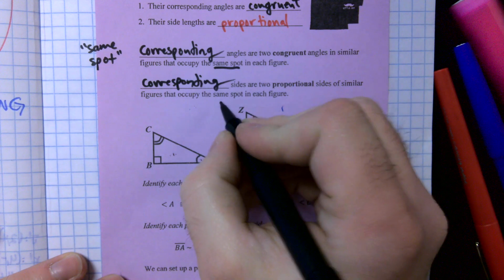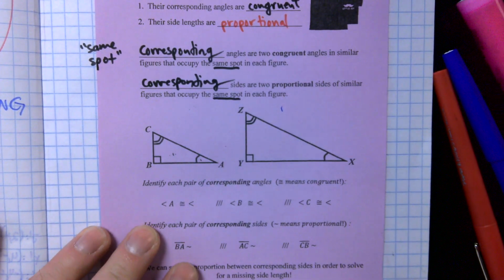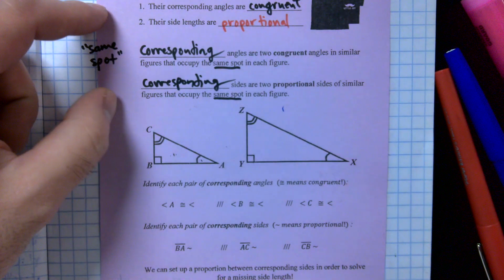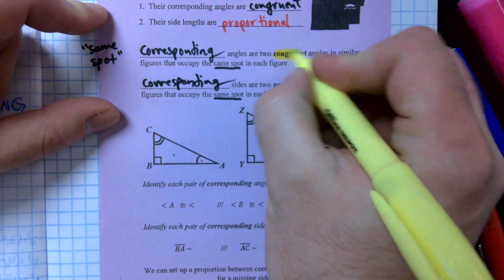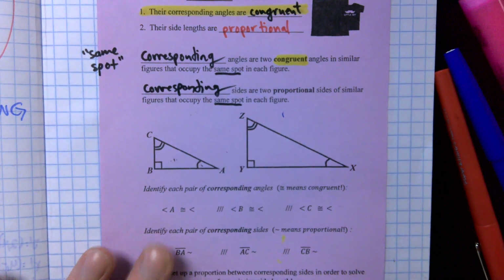Corresponding sides are in the same spot as well. Now, with similar triangles, the important distinction between these two is that corresponding angles are going to be congruent, right?